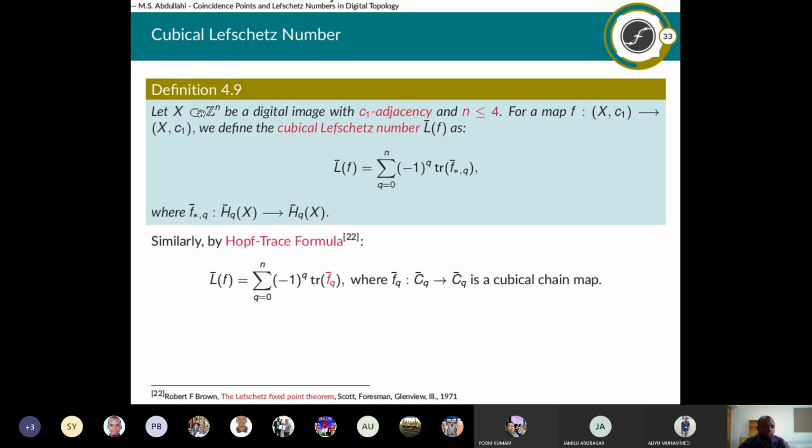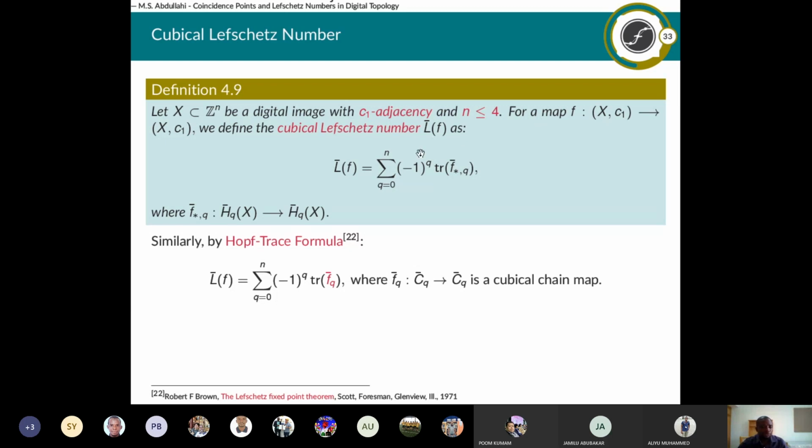One is that the dimension of this Z^n is restricted to only when n is less than or equal to 4. And also the adjacency we are going to consider here is only the C1 adjacency. What I mean by C1 adjacency is if you are in 2 dimensions, it is going to be the 4-adjacency, and if we are in a 3-dimensional image, we are going to consider only the 6-adjacency relation.